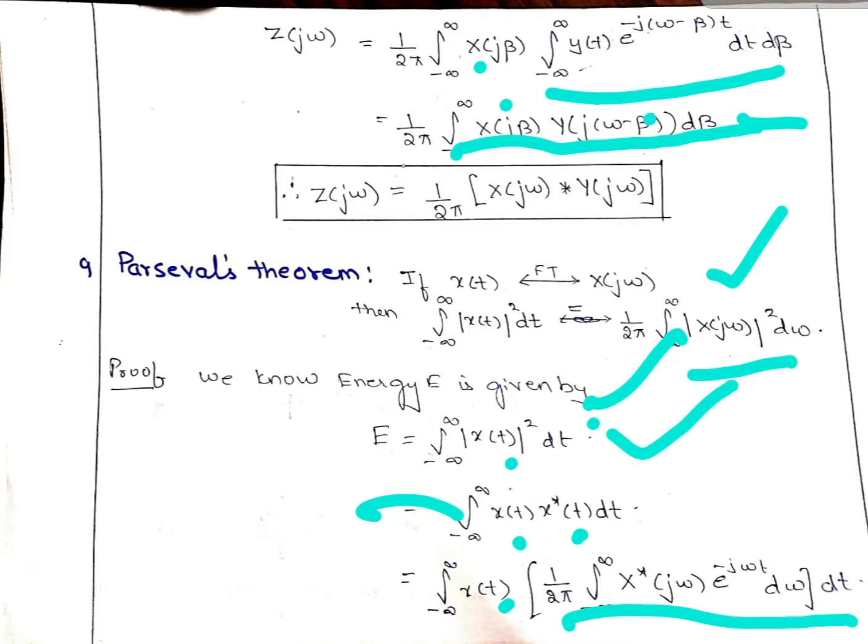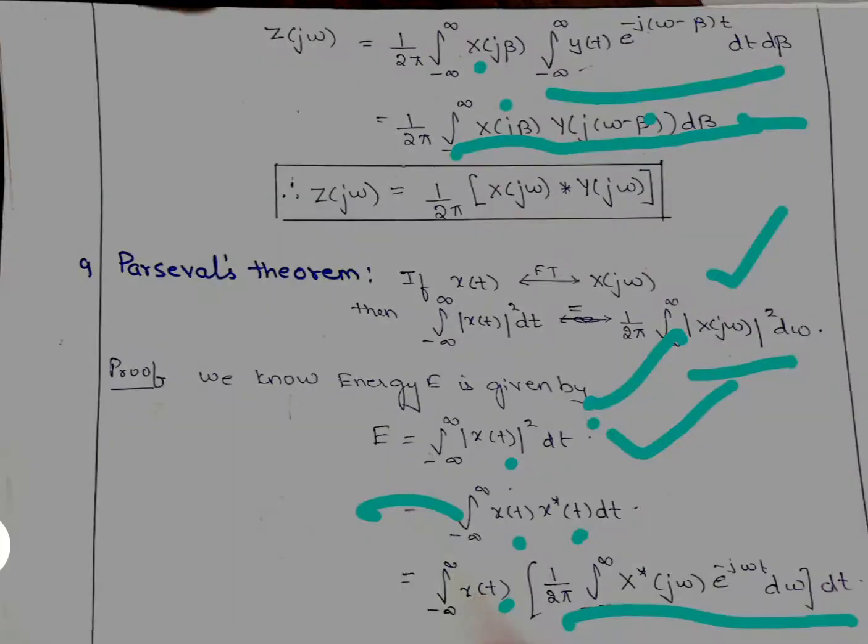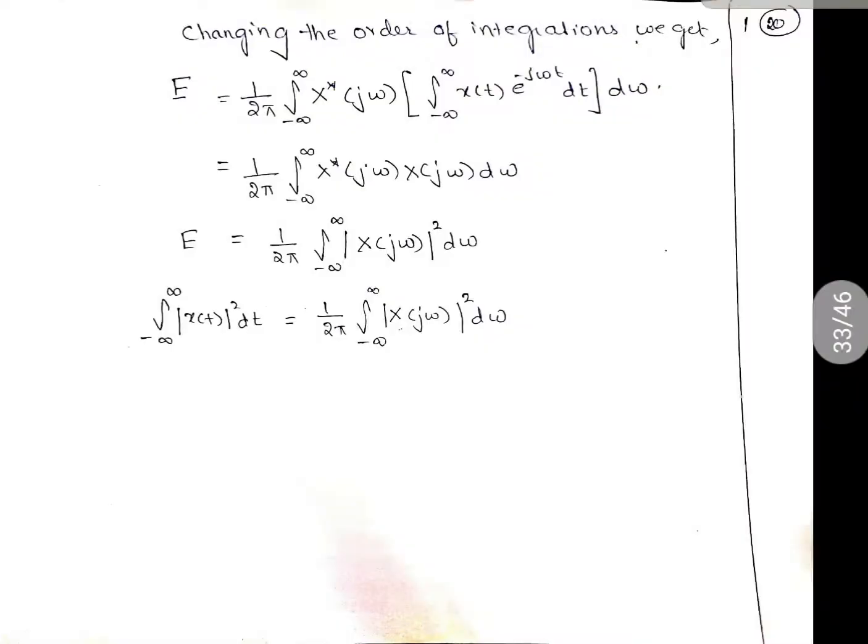Now arranging these terms, we get 1/2π ∫ from −∞ to +∞ of X*(jω) and ∫ from −∞ to +∞ of x(t) e^(−jωt) dt.